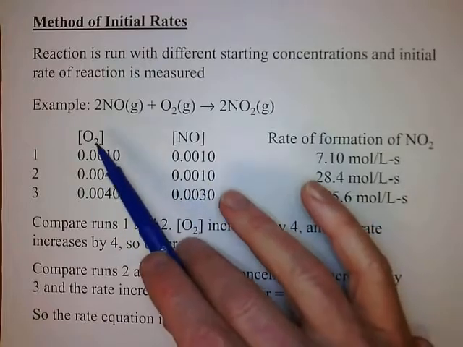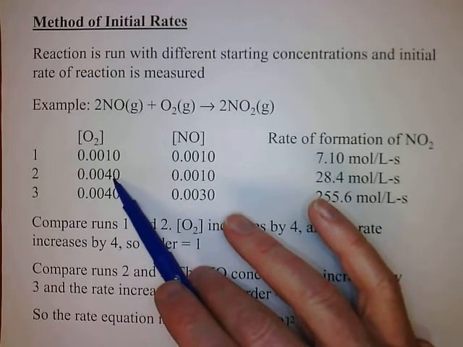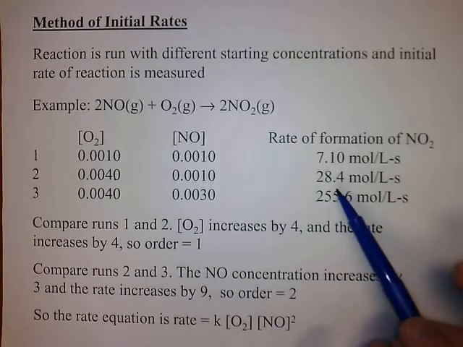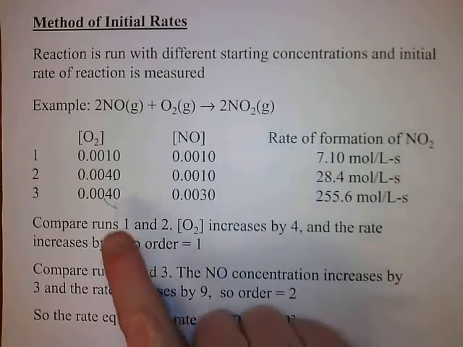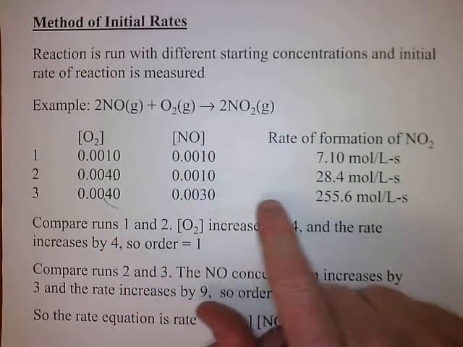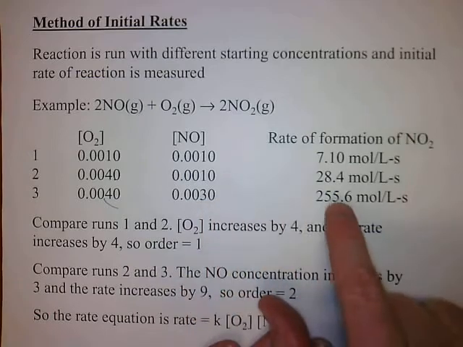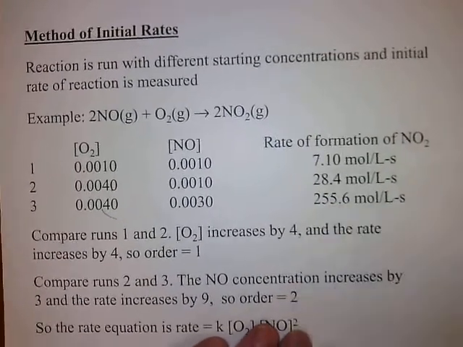If we upped the O2 concentration to 0.004, the rate goes up to 28.4, and if we keep O2 at 0.004 and we increase NO to 0.003, then the rate goes up to 255.6.